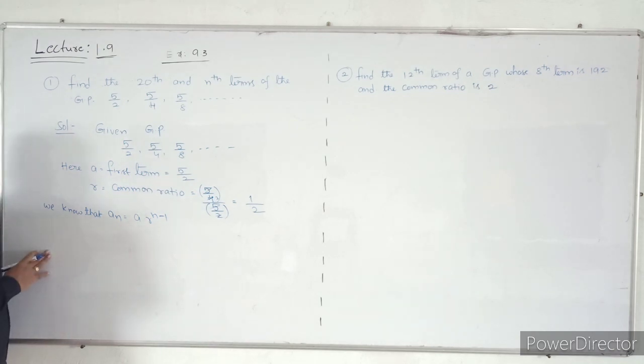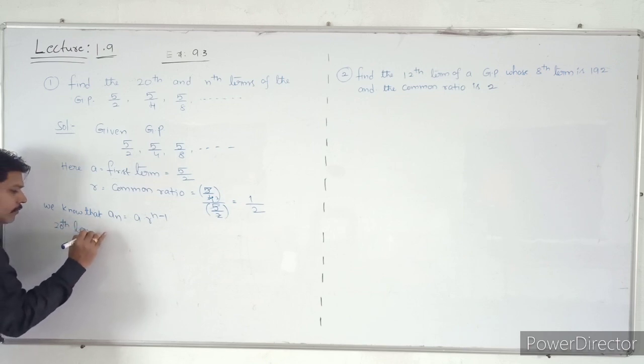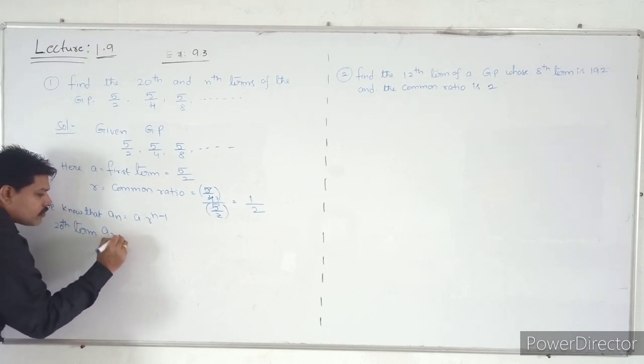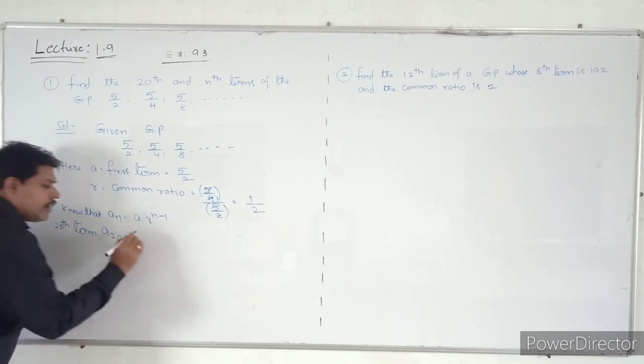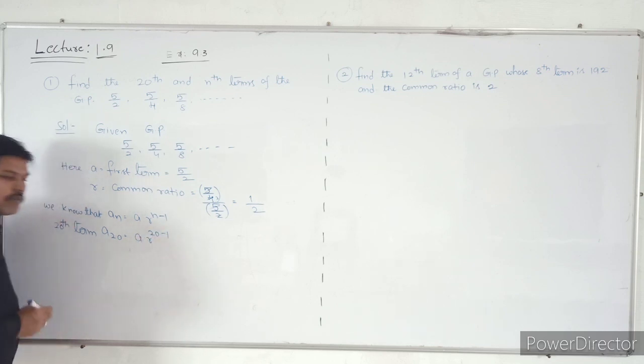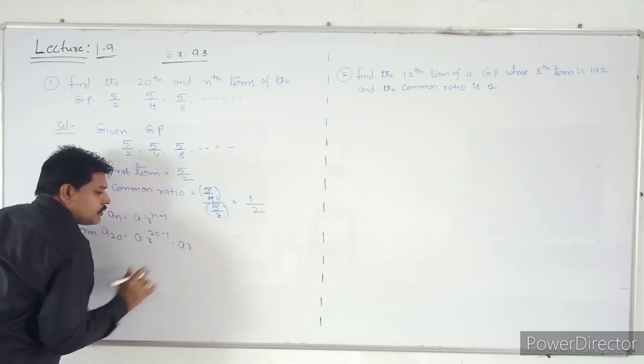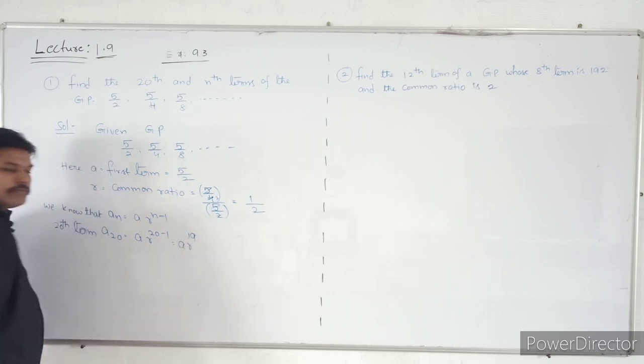They are asking for the 20th term, so A20 is nothing but A into R power 20 minus 1, which is equal to A into R power 19.